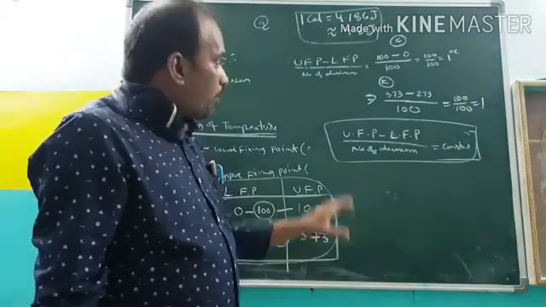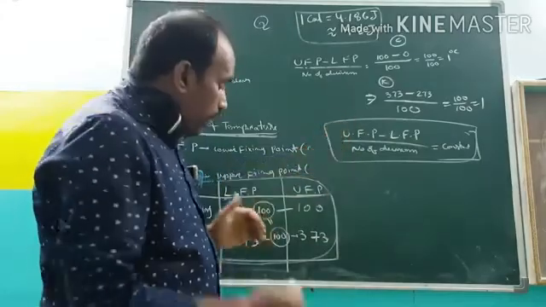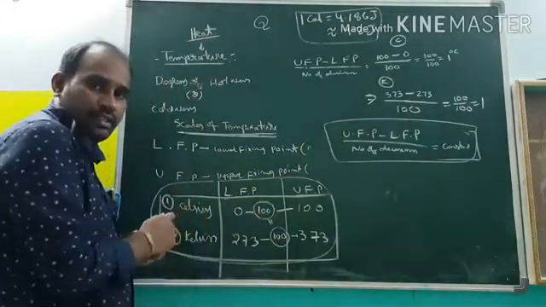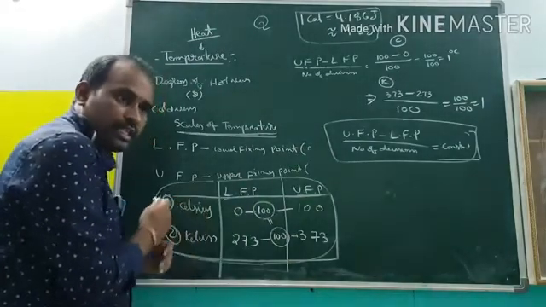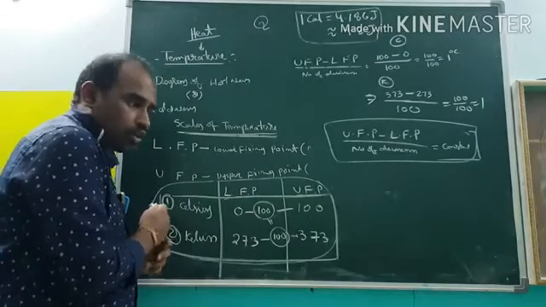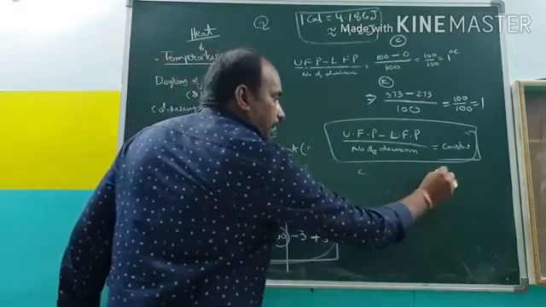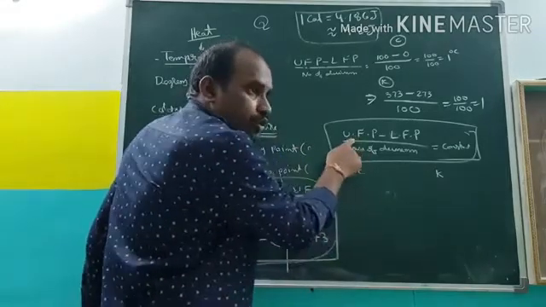Are you clear? Based on this formula, we derive the relation between the Celsius and Kelvin scales. We have derived a small relation between the Celsius scale and the Kelvin scale. First, I am writing it using this formula.